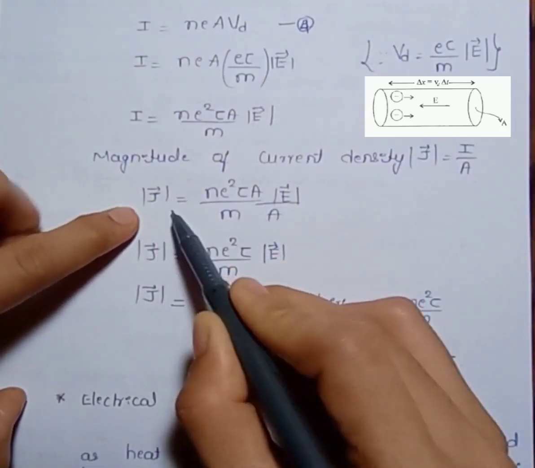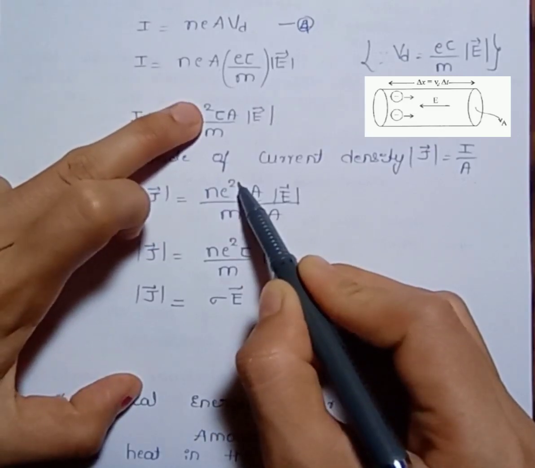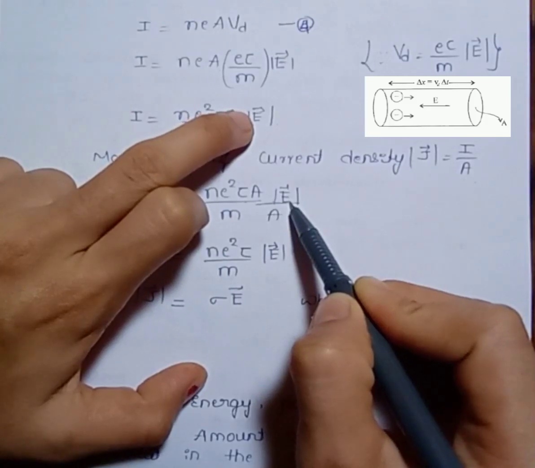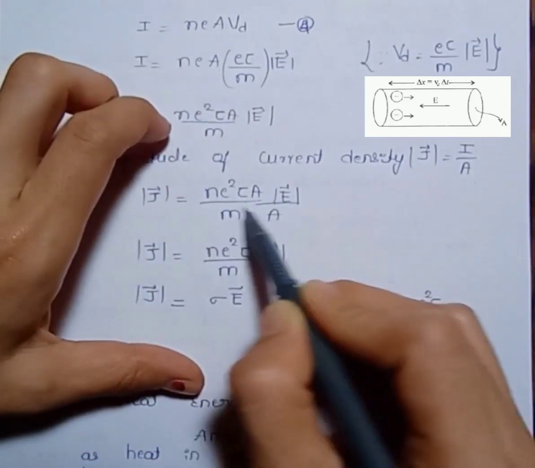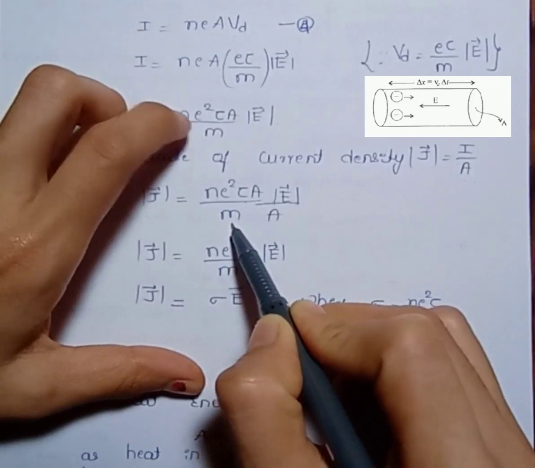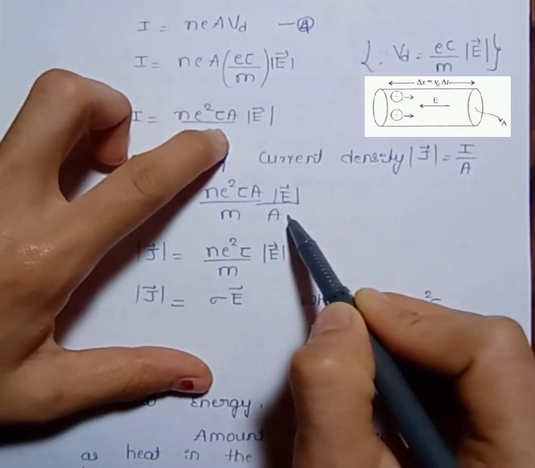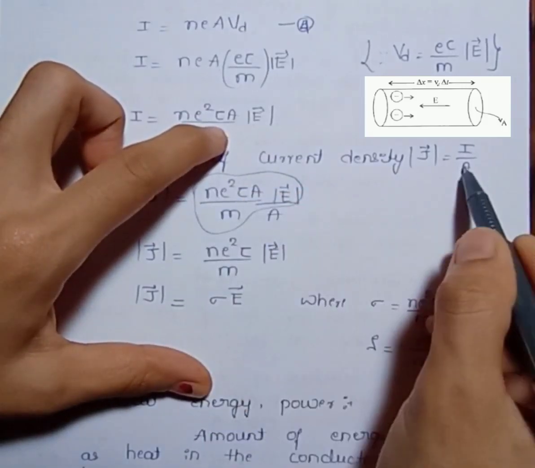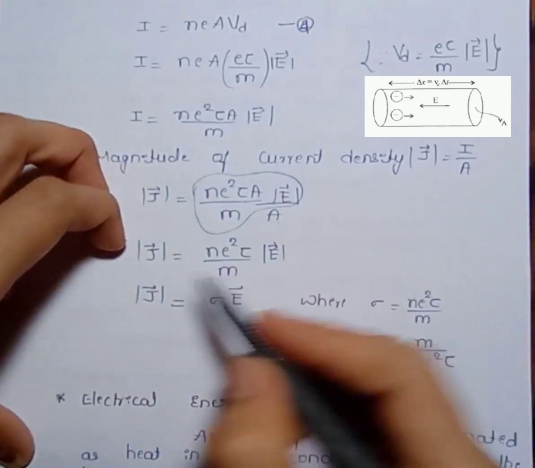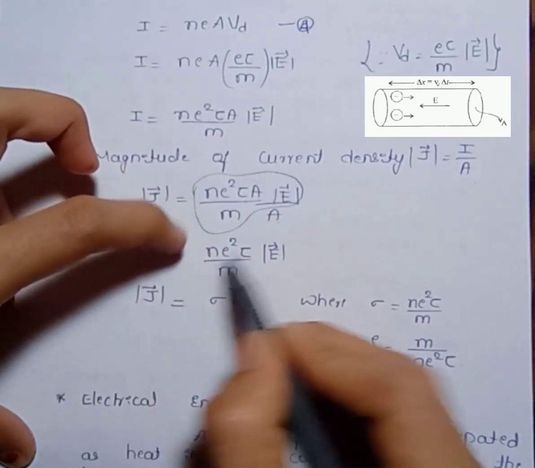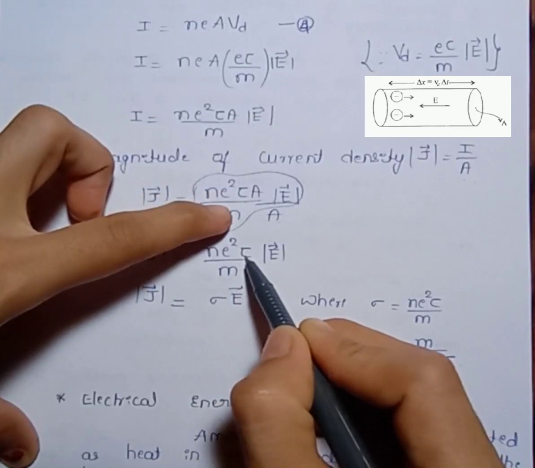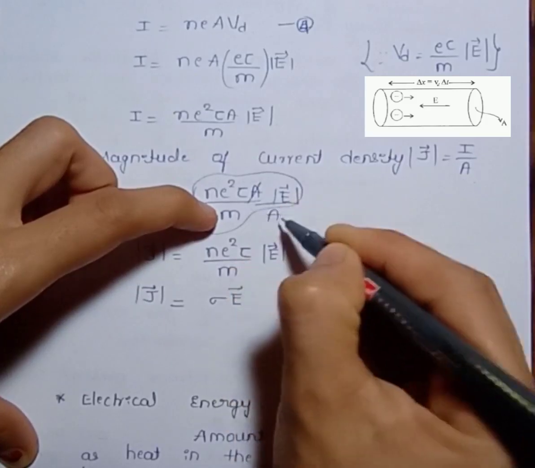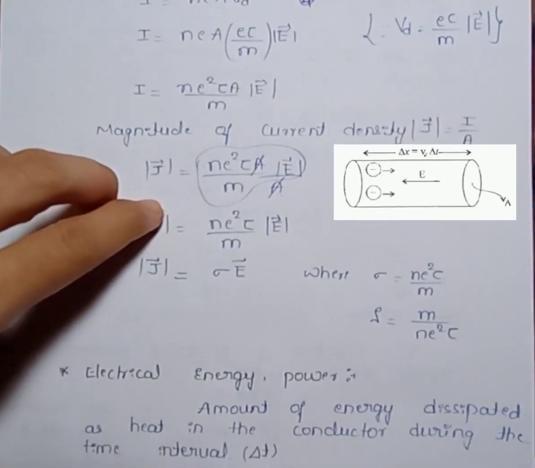Current density J is equal to n e square tau A into E, the magnitude of the electric field E, divided by m, divided by A, because the value of I is this value and A is in the denominator. Then current density J is equal to n e square tau divided by m into E. Here A cancels out.